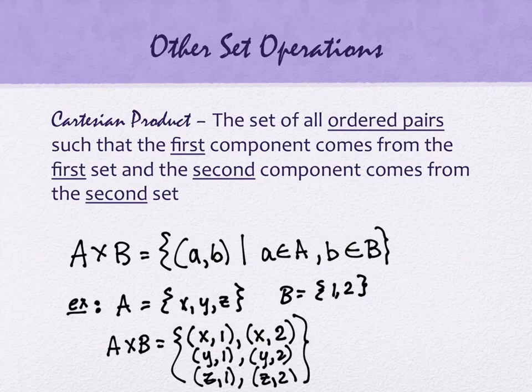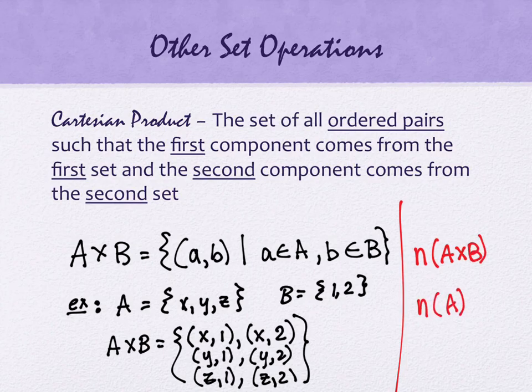Now, elements of the Cartesian product are ordered pairs. But I'd like for you to notice what happens, and I'll even change color to do it. If I count what I just did, there is a relationship that shows up.